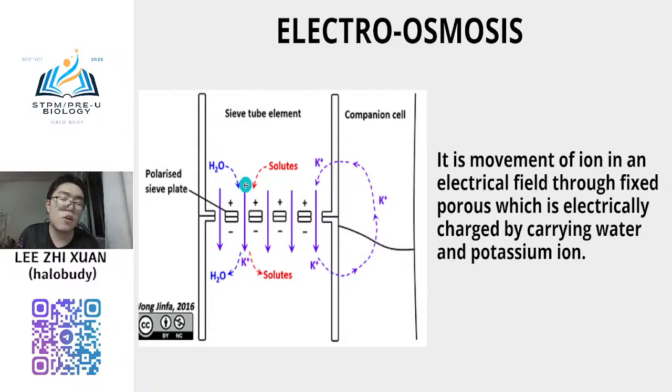When the potassium ion passes through the sieve plate, the water molecules and the solute will also pass through with it. Then the potassium ion will be cycled back into the companion cell, and cycled again and again. So it is based on the electrical charge. So yeah, okay.